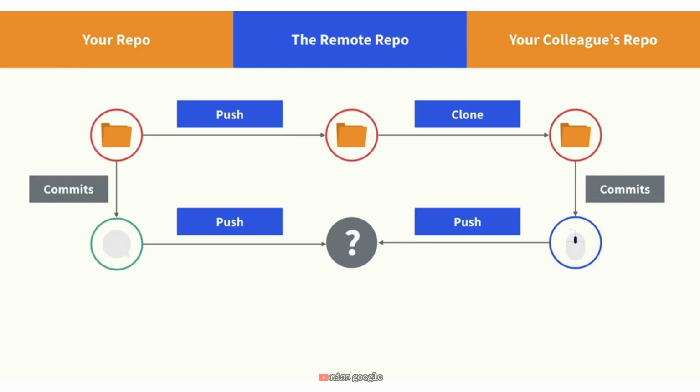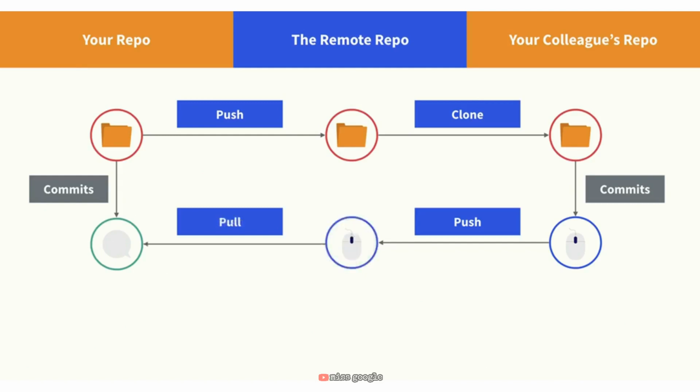Now, this becomes a bit of a race. Who is going to push first? If your colleague pushes before you do, your push will be rejected by Git because it clashes with what your colleague may have just pushed. So you will now be forced to pull and do a merge.